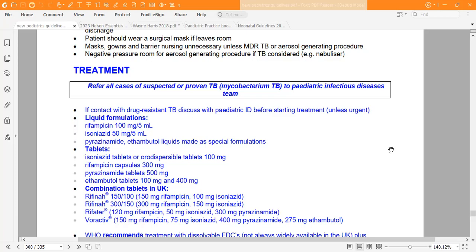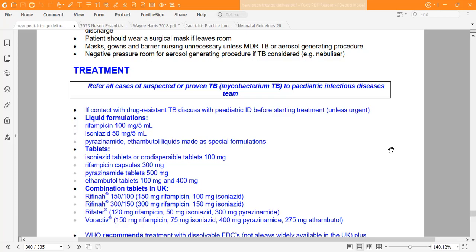Liquid formulations. Okay. So we have a couple of medications we use in treatment of TB. We have rifampicin, isoniazid, and pyrazinamide. Rifampicin is 100 milligram for every 5 ml. Isoniazid, 50 milligram per 5 ml.